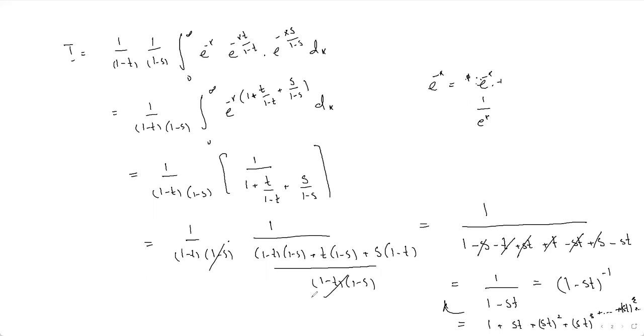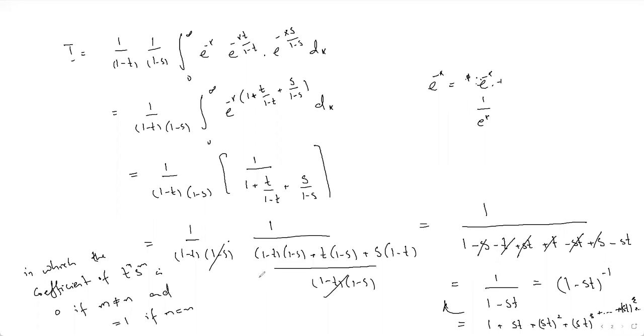So I will say that in this particular expansion, the coefficient of t raised to power n, s raised to power m is 0 if m is not equal to n, and it will be equal to 1 if m is equal to n.